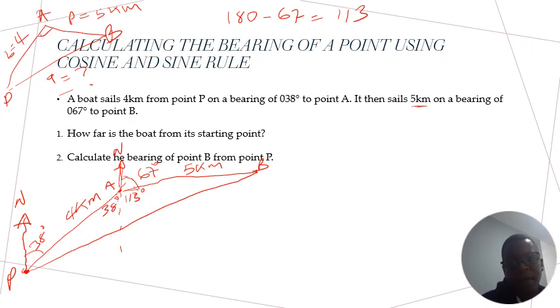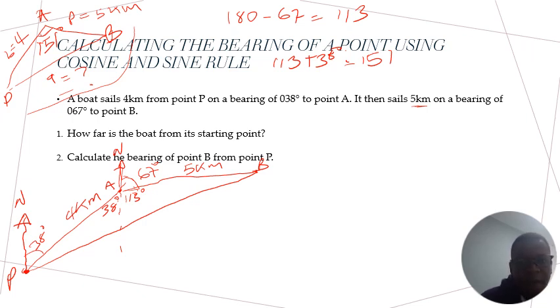So what is the total angle? 113 plus 38. If you punch it on your calculator, you find that is 151, which means this angle is 151 degrees. So having that information, you then get back to your problem.